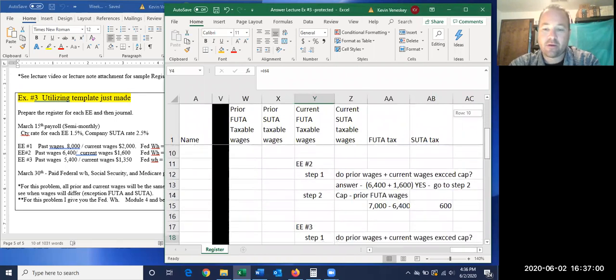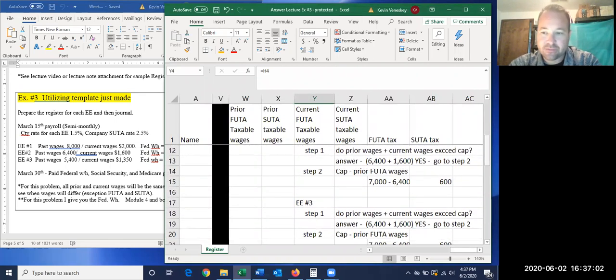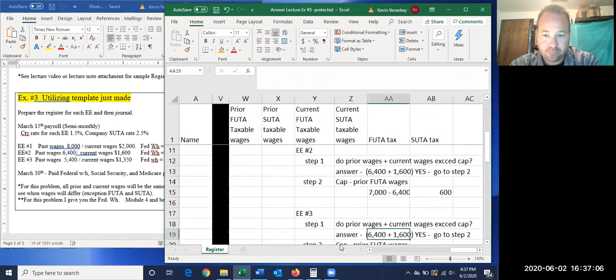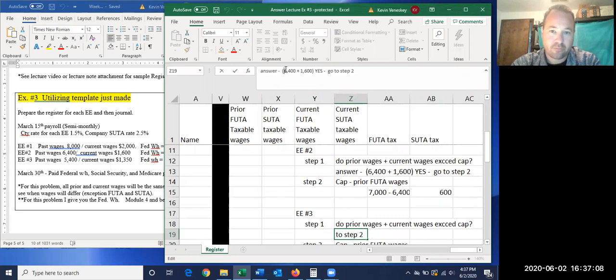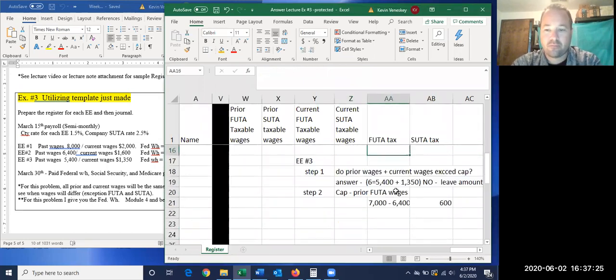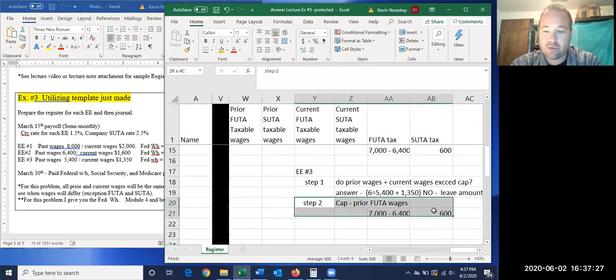So I come down here, do my prior wages of $5,400, plus $1,350. Does that go over the cap? And the answer is no. So what I do then is just leave the amount as is, no change. And I can get rid of step 2.